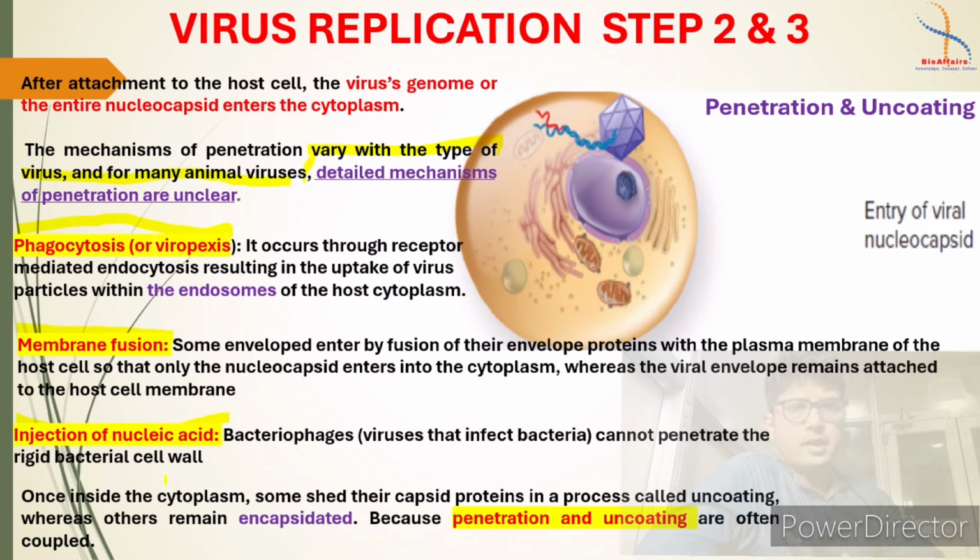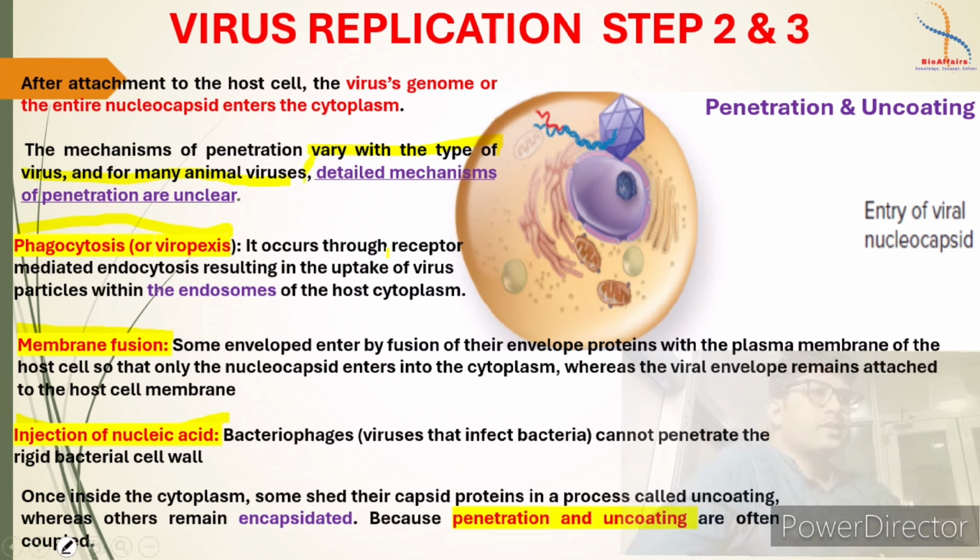As we have learned in the bacteriophage case, only the nucleic acid enters the bacterial cell. Here also some viruses are like that. In those cases, no virus envelope or capsid enters the animal cell. Only the nucleic acid, the genome, whether it is DNA or RNA, gets inside the cell.